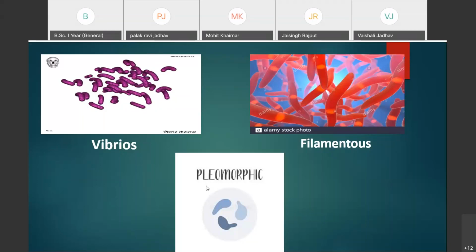The second one is the filamentous bacteria, and the third one is the pleomorphic bacteria, which can change their shape and size in response to the changing environmental conditions. That is all about the morphological forms of the bacteria.